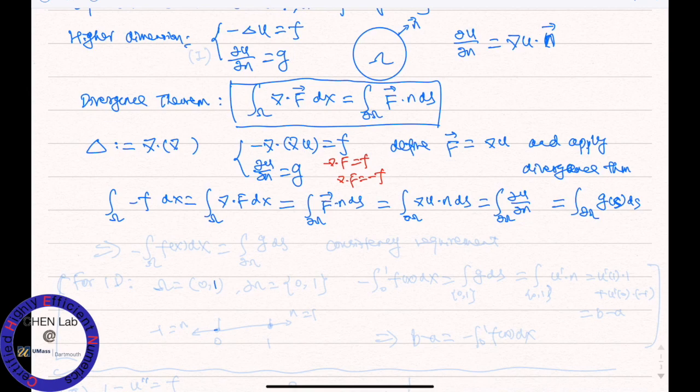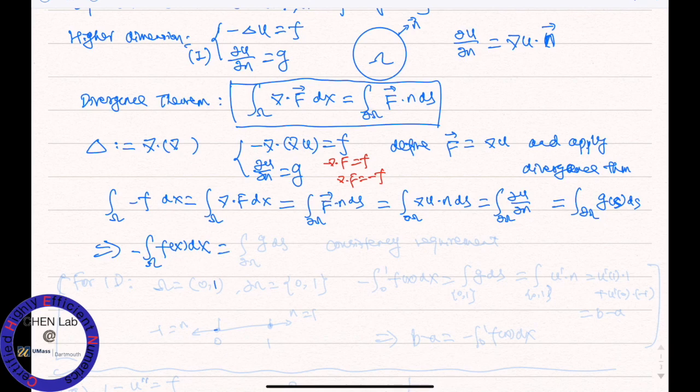Which means that the integral, if you give me that condition, which is the 2D version of equation 1, we have negative the integral of f(x) dx.